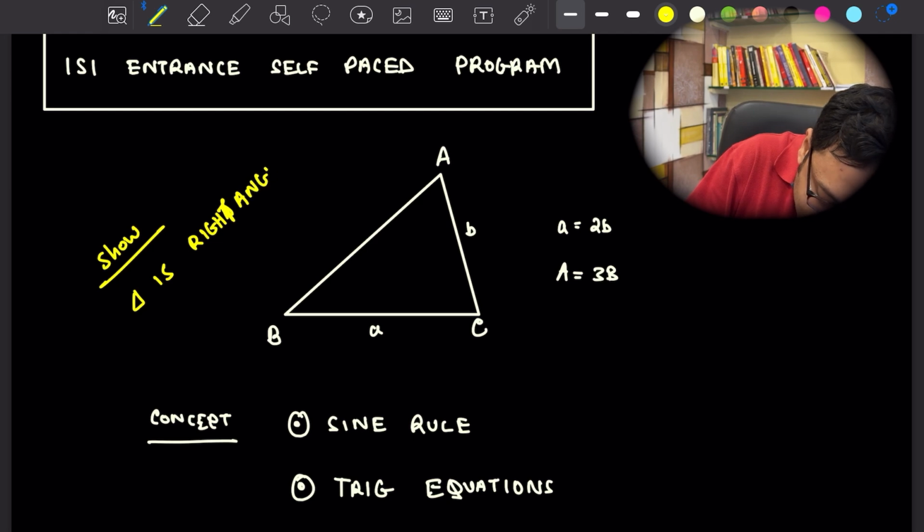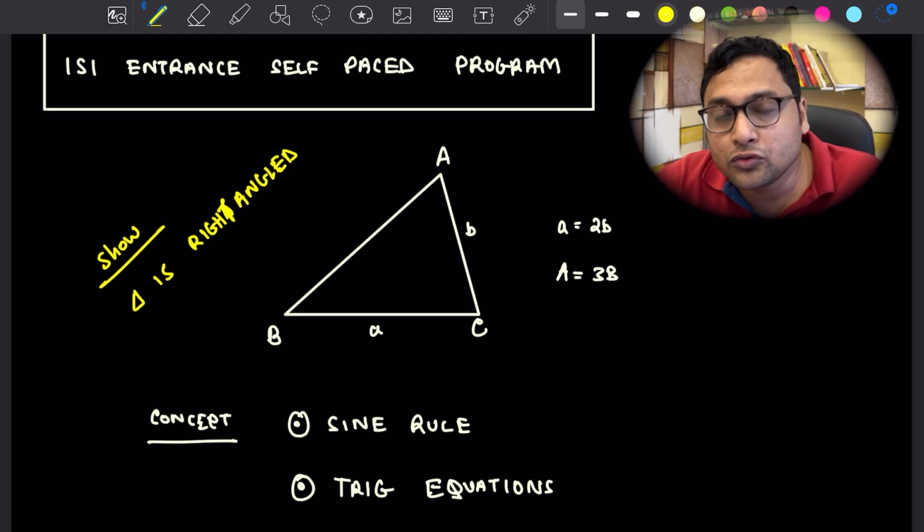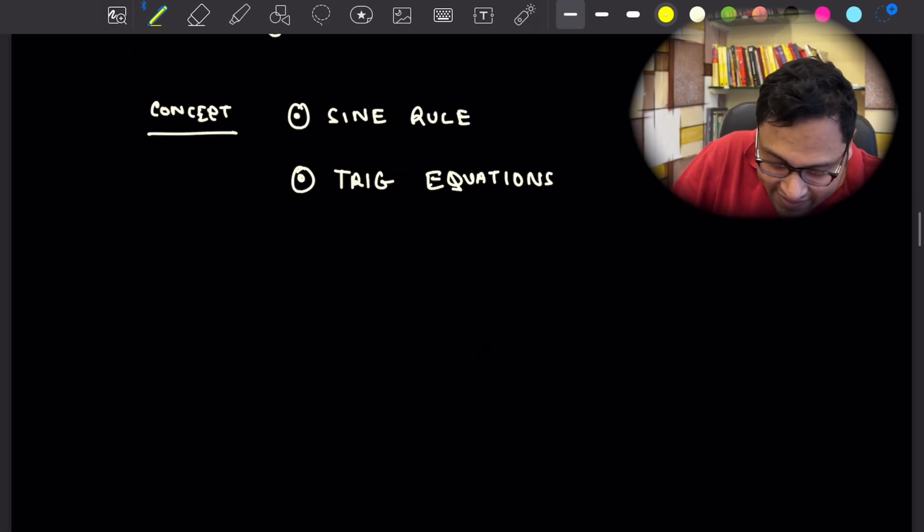Okay, so what we will do is use a very powerful tool from trigonometry called the sine rule. What does the sine rule say?